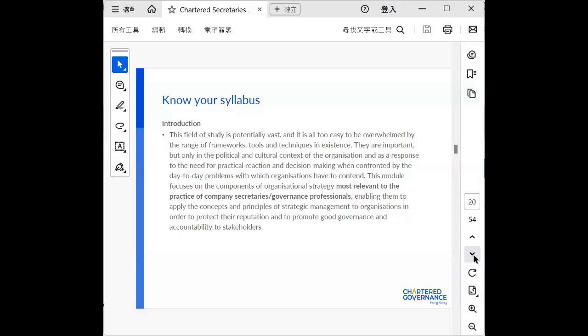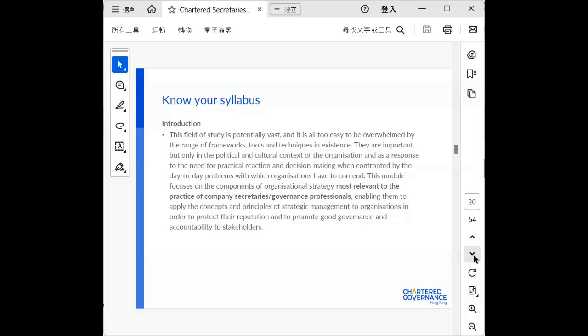There are numerous frameworks and tools that you could use, and sometimes you don't need to use all of them. You're only required to choose one to illustrate the principle, to illustrate that you're able to apply those concepts. They're important, but only in the political and cultural environment of the organizations.